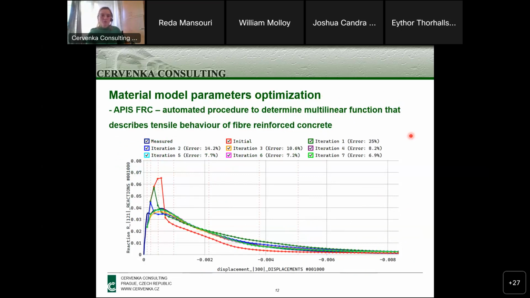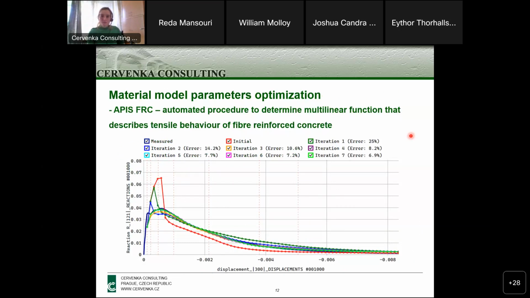So therefore we developed an automatic procedure that is performed by our APIS module, APIS FRC, and that actually works with the multilinear function that is describing the tensile behavior of concrete.